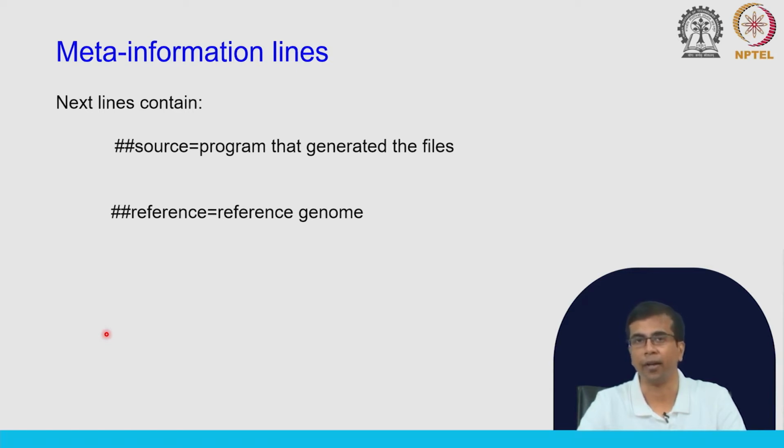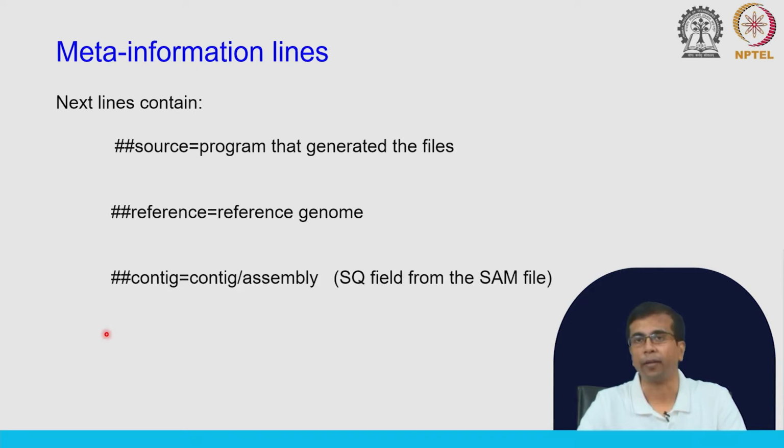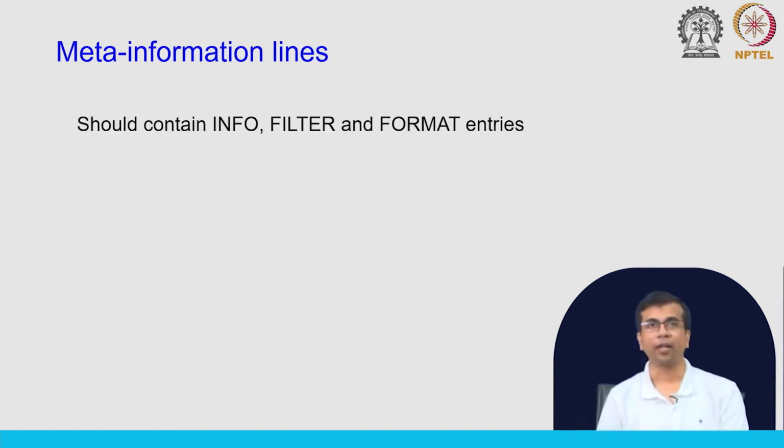It will just take the file name, and then it will have something like contig or contig assembly. This is actually identical to the SQ field from the SAM file, so it should have the chromosome numbers or chromosome IDs in our data. Meta information lines should contain INFO, FILTER and FORMAT entries, so we will see what these fields are.